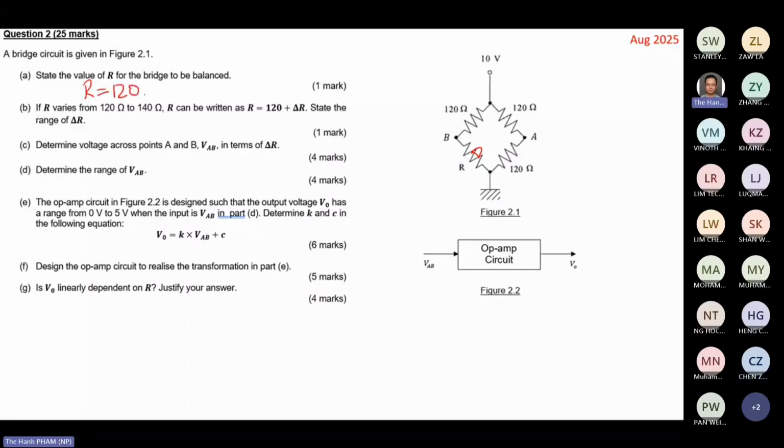R can change from 120 to 140. So I can write R as 120 plus delta R. When this one is 120, delta R should be 0. When this one is 140, delta R should be 20, right? So the range of delta R should be from 0 to 20.